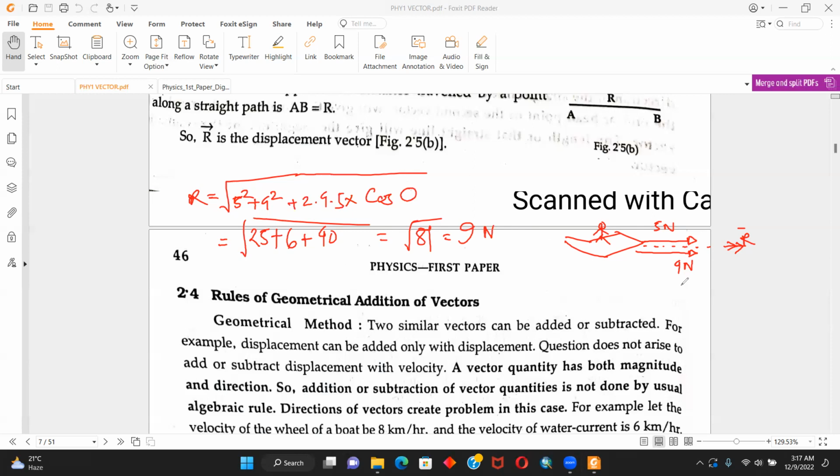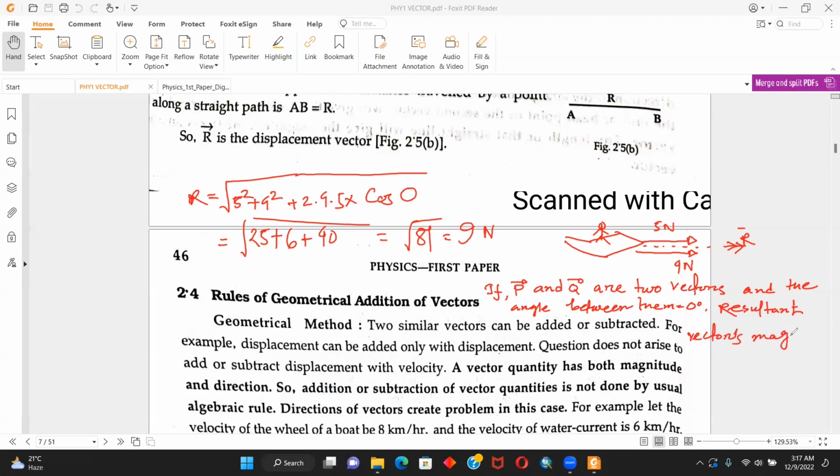Okay, you can write this down if you want. Or you can write it simply as: if p vector and q vector are two vectors and the angle between them equals 0 degrees, then the resultant vector's magnitude equals p plus q.